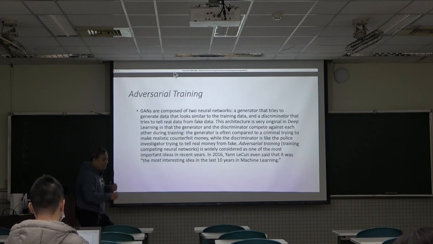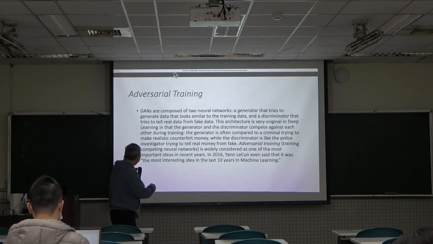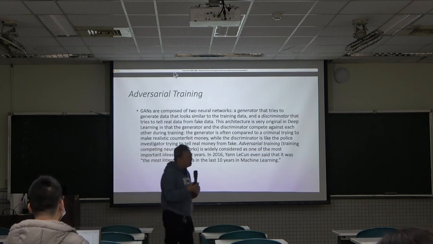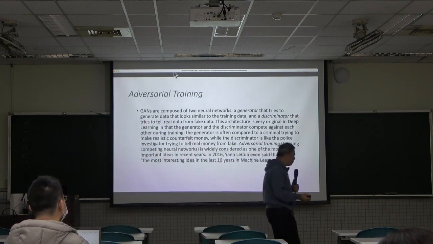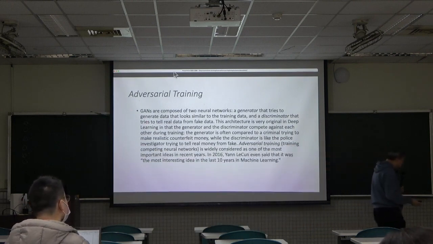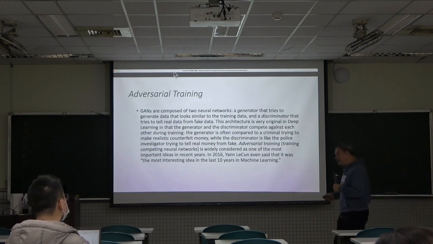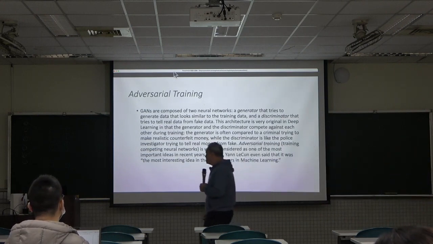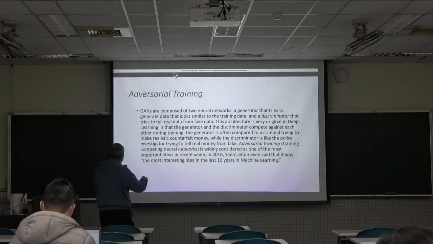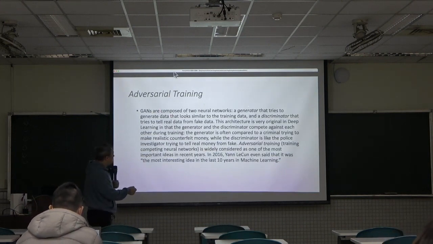On the other hand, GAN is very interesting. In this chapter, as I said, we probably don't have time to finish the GAN in our lecture, but I would like to at least talk about the basic concept. GANs are composed of two neural networks.